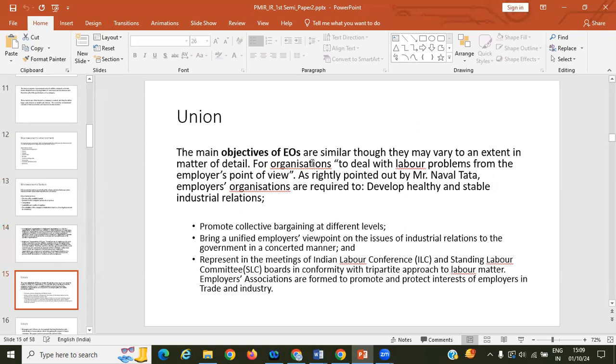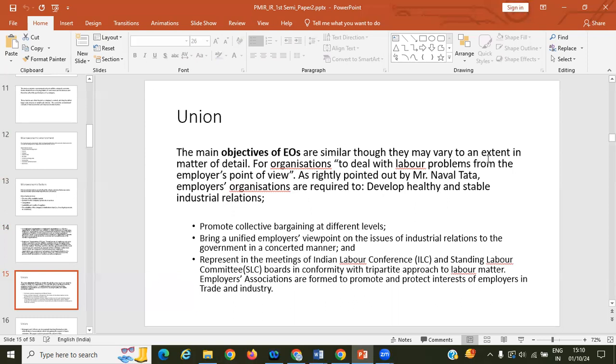The main objective of the employers organization, EO: the employer is the owner of the business. Together they jointly form one union that is called an employers organization.